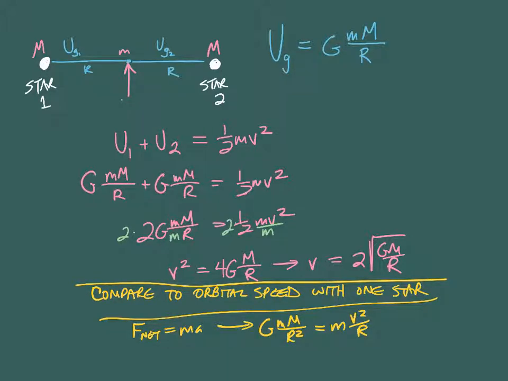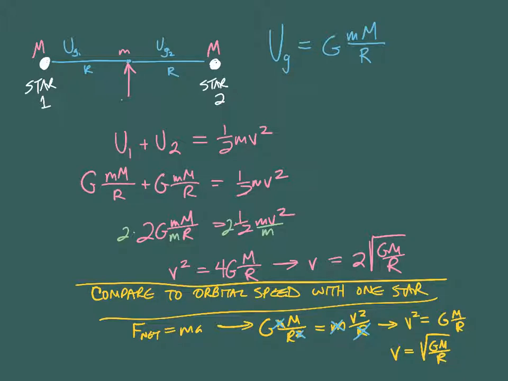We did this a little bit ago. And of course, this r is going to wipe out one of those r's, that m is going to wipe out that m, and we'll get v squared equals GM over r, which means v would equal the square root of GM over r. Notice the similarity here.